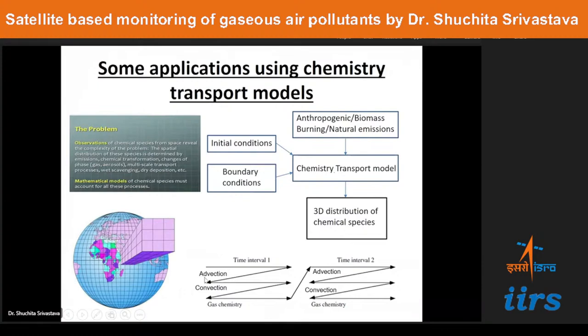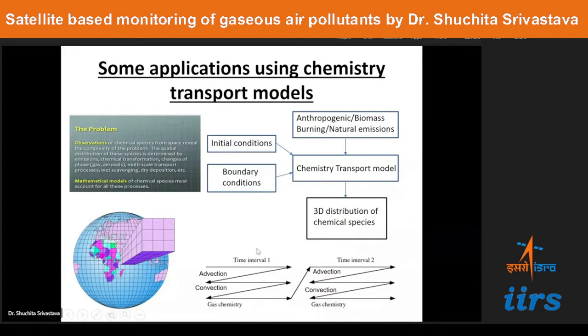After 20 minutes, advection will stop, and the output will be the input for the next process, that is convection. Now convection will be allowed to change the concentration within each grid cell. After that, you will get another output, and then advection and convection will be stopped, and only gas chemistry will change the concentration in each grid. So it is seeing the change because of advection, convection, and gas chemistry theoretically.